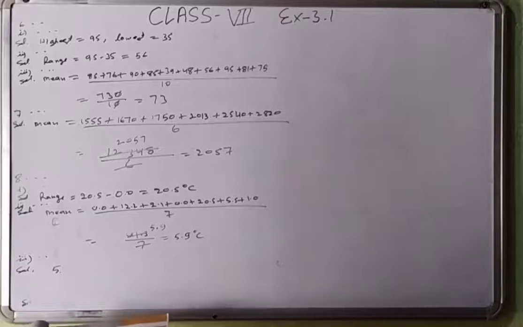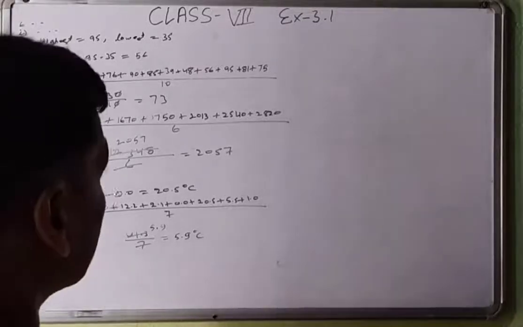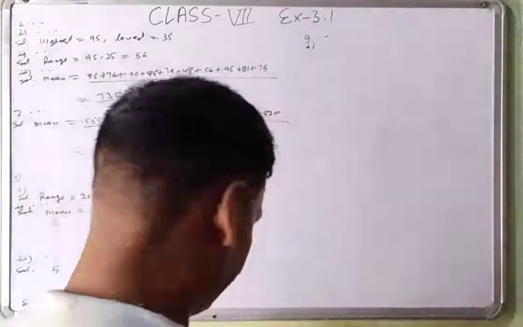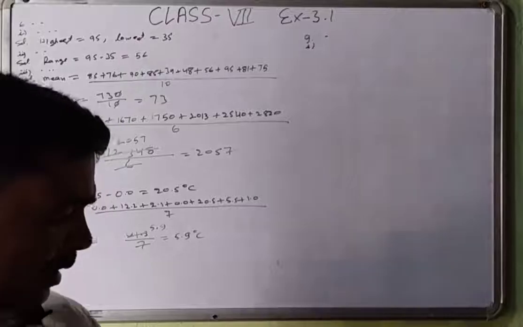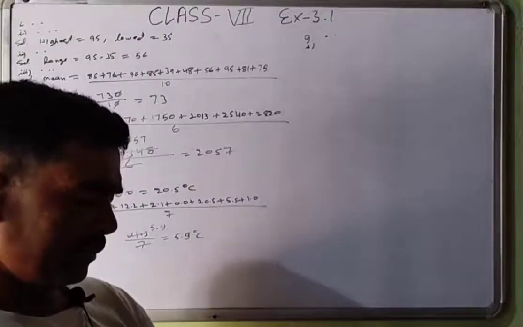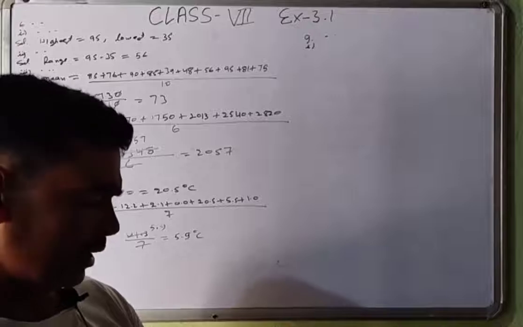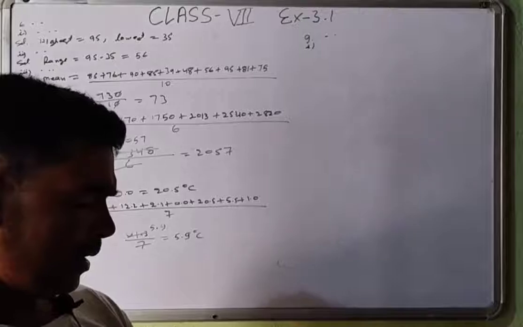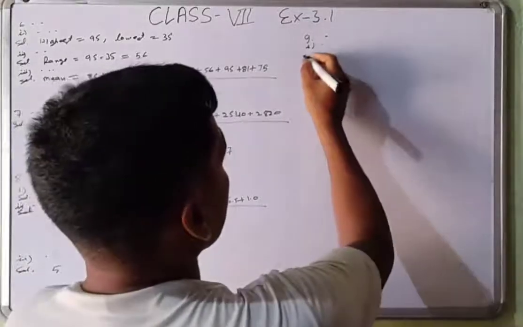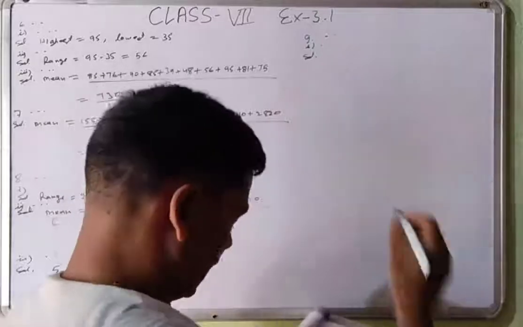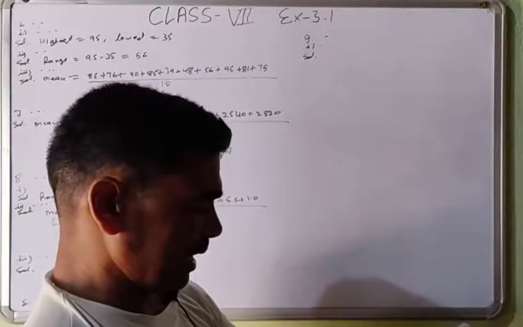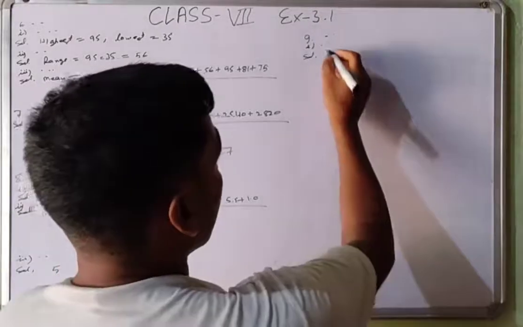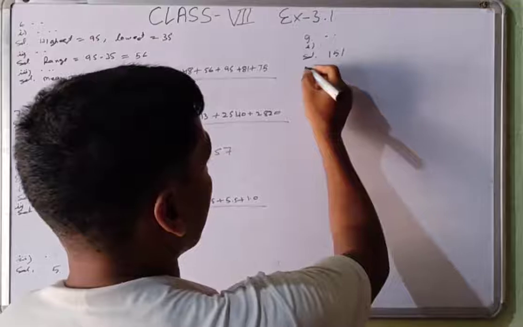Question number 9, that is the last question of this exercise. First part: the heights of 10 girls were measured in centimeters and the results are given. What is the height of the tallest girl? That is 151.